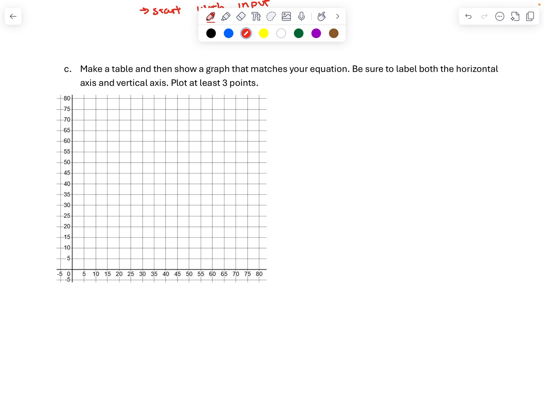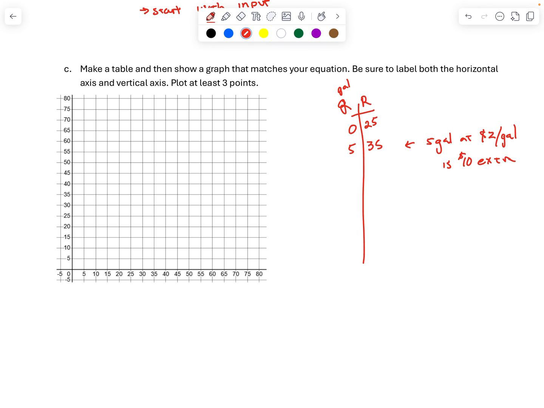A table of values. So with 0 gallons, I'm going to charge $25. I think the easiest thing to do is, since the table has $5 increments, I'm going to say if I charge 5 gallons, 5 gallons at $2 per gallon is $10 extra.